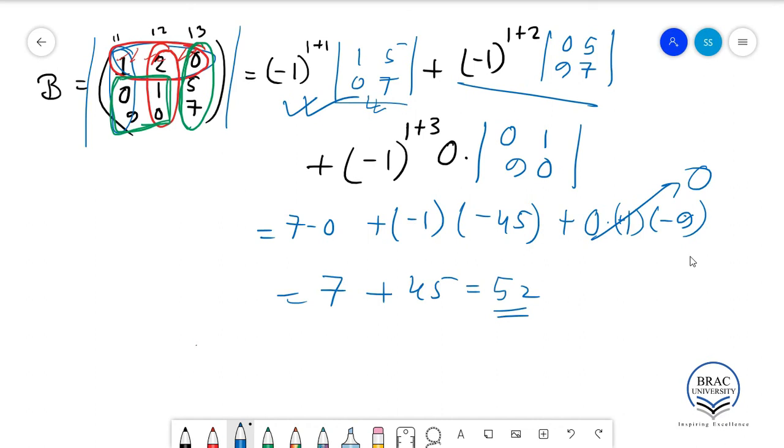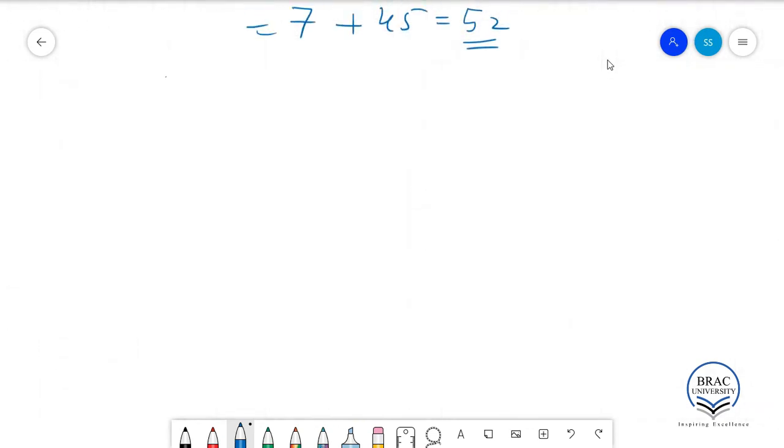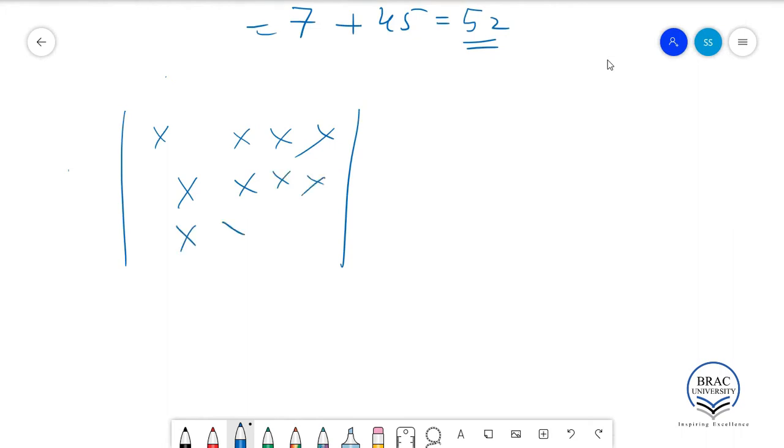In this way, you can evaluate determinant for 4 by 4 matrices as well. That is, you have a matrix that is 4 by 4. I'm not writing any terms. Let's just say there are some numbers over here or some symbols. The idea is to take one element out, reduce it to a 3 by 3, and then evaluate this 3 by 3 matrix's determinant.